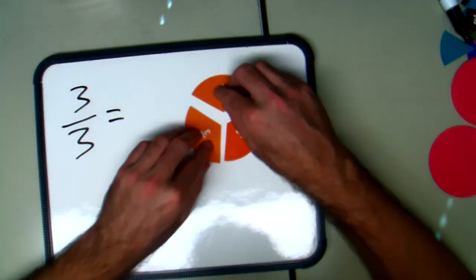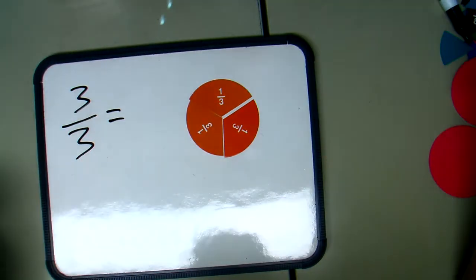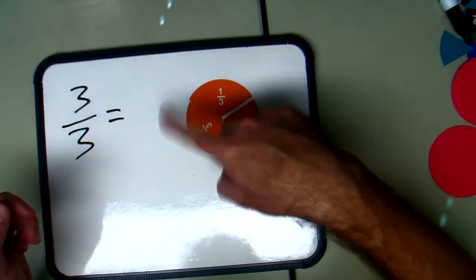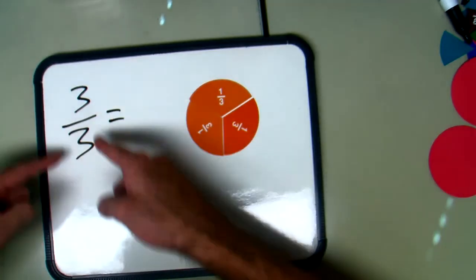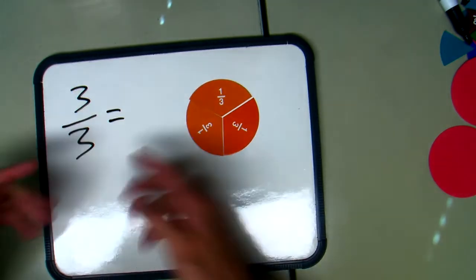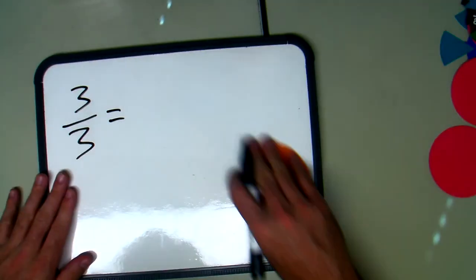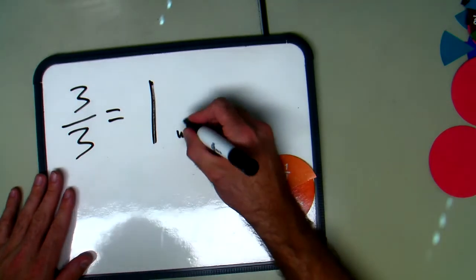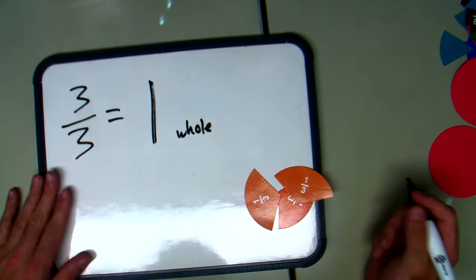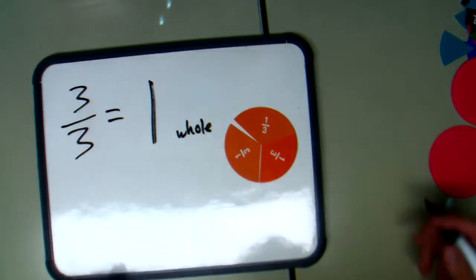Well, there's 1, 2, 3. So now I have one whole pizza, don't I? So when the top and the bottom are the same number, I have one whole. So 3/3 also equals 1, or you can say one whole, because that's a whole pizza. Cool.